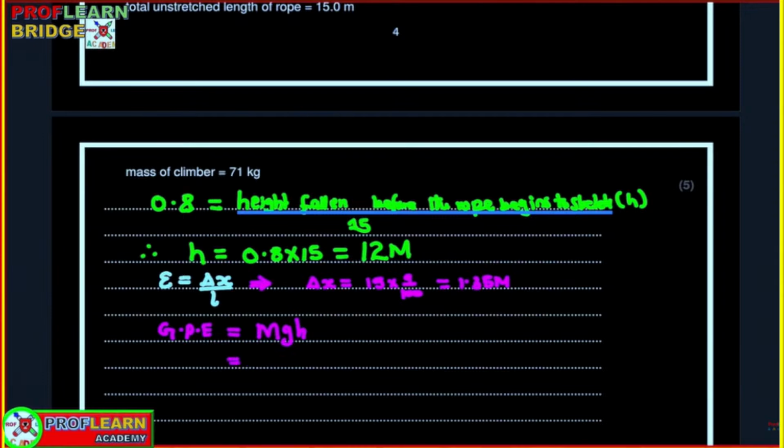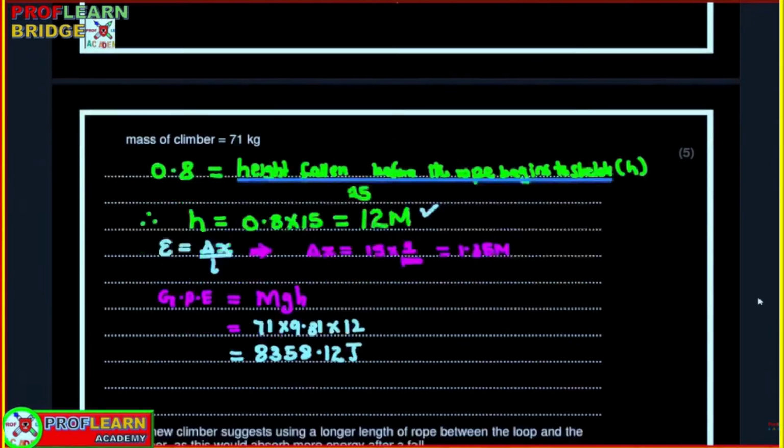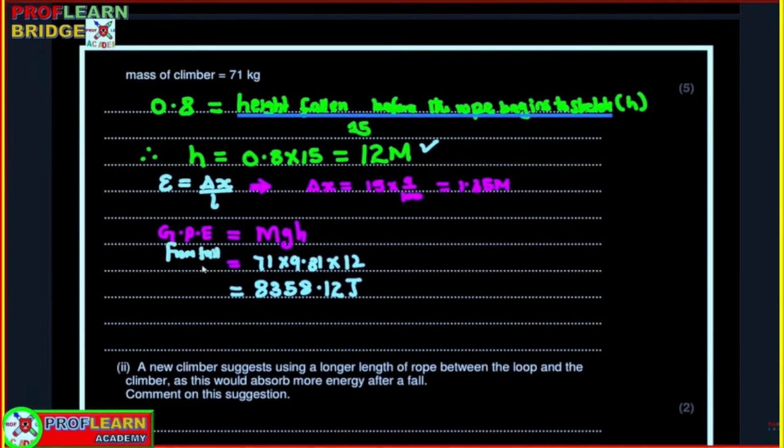So there is gravitational potential energy, which can be obtained from the mass and the height fallen of 12 meters, and we can get that to be equivalent to 8,358.12 joules. But there is also potential energy due to the extension of this rope, and this is going to be mass times gravity times the height, or the length fallen, which is 1.35.